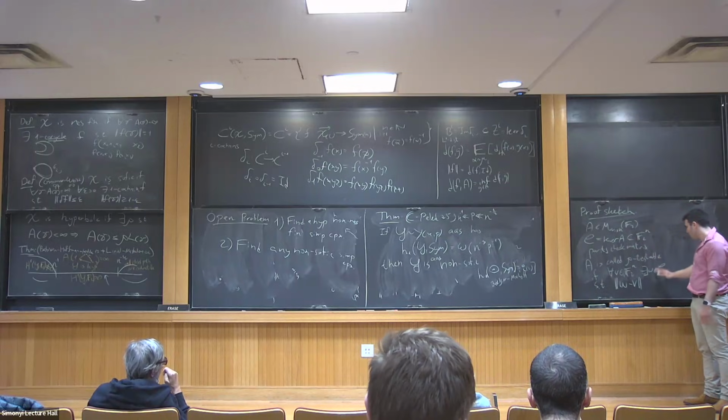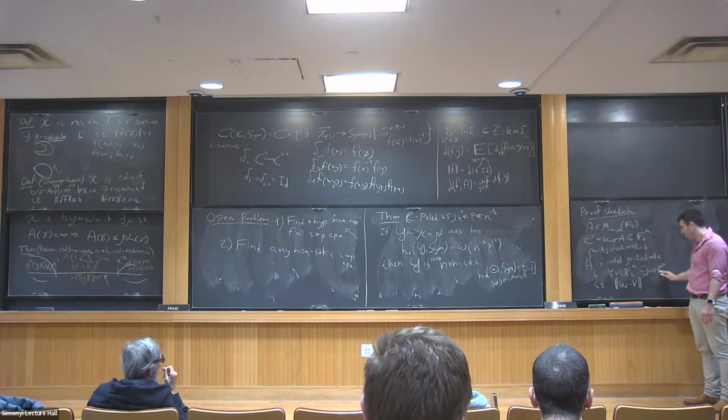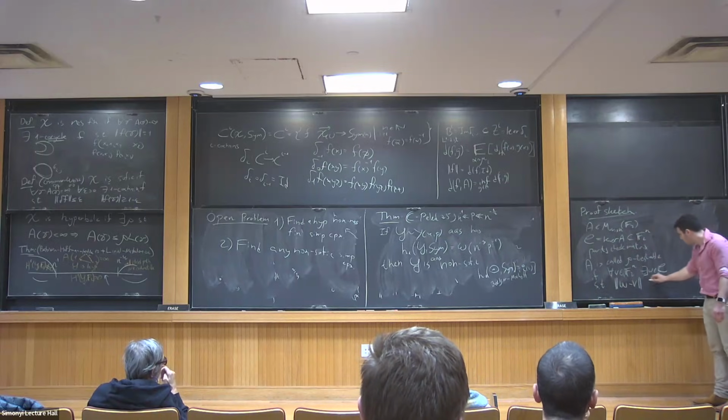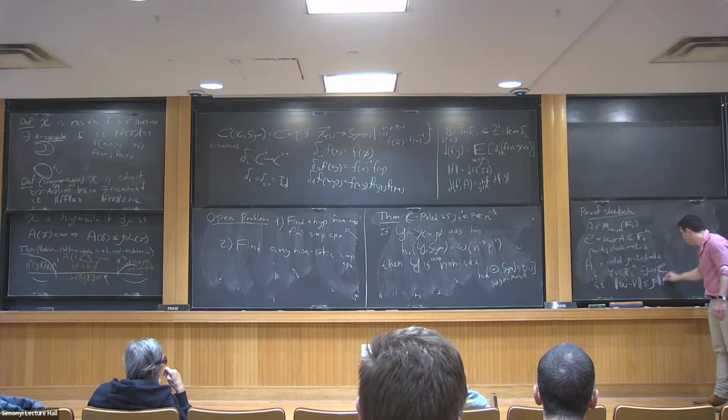V is any vector, but w must be in the code. That's very important. So the distance to the code is bounded by rho times the norm of A times v.